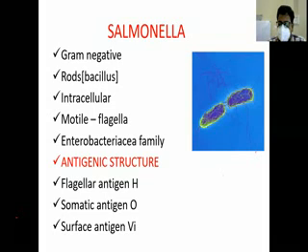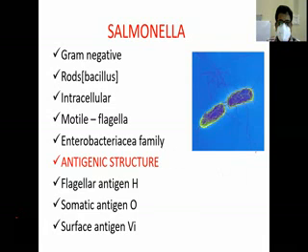The important part for us is the antigenic structure of the Salmonella. It consists of flagellar antigen H, antigen O, and surface antigen Vi. Please remember: H, O, and Vi. These three things are important.